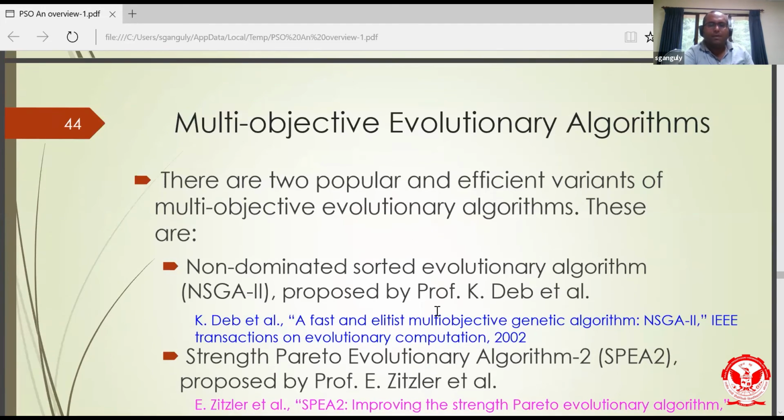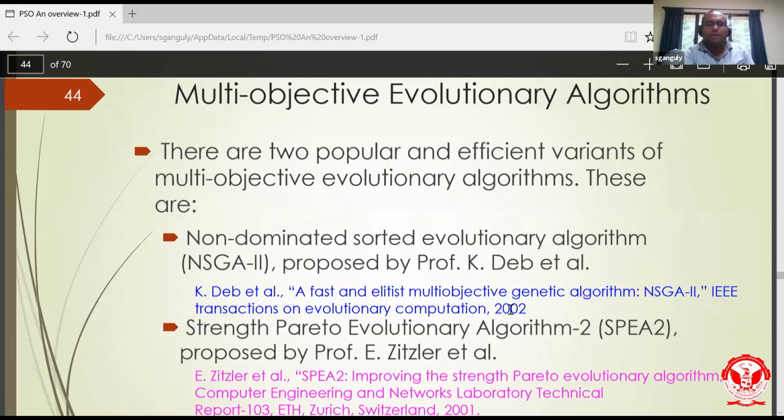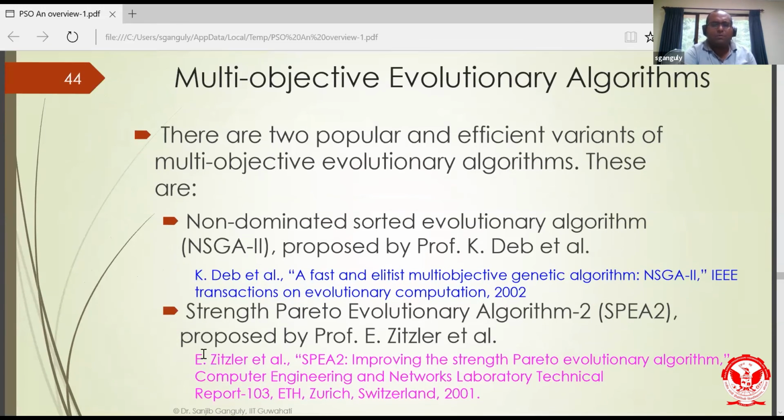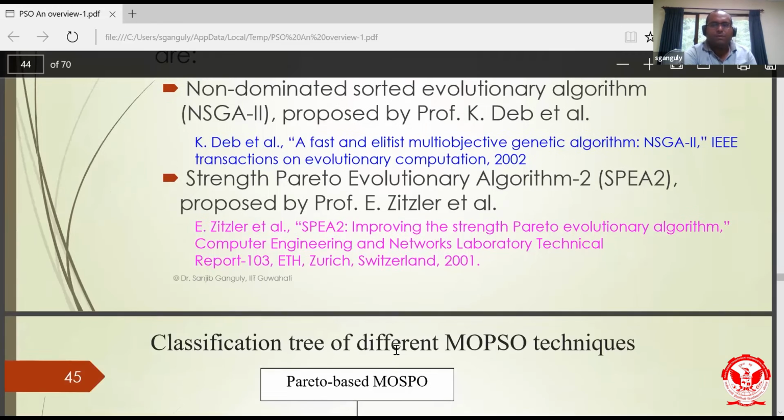Another is the Strength Pareto Evolutionary Algorithm, SPEA2. This was proposed by Professor Zitzler in Switzerland at ETH Zurich, and it is also cited many times. You can follow it. I basically use SPEA2.